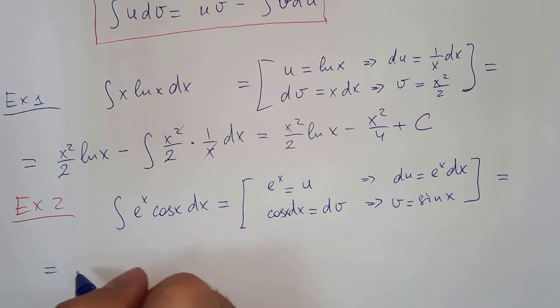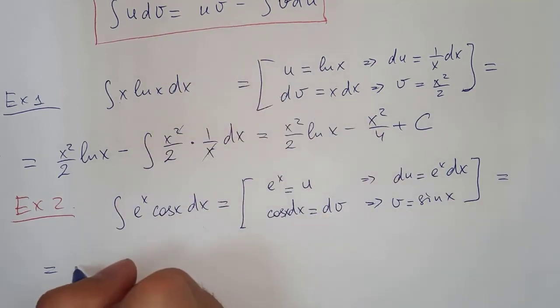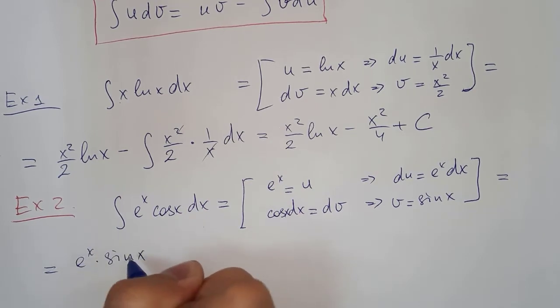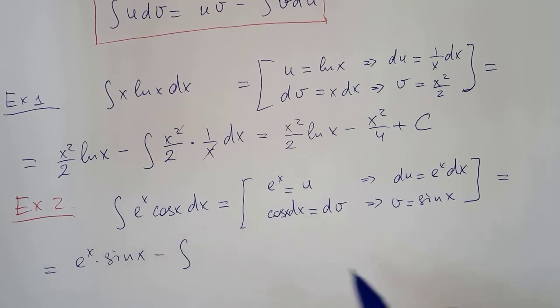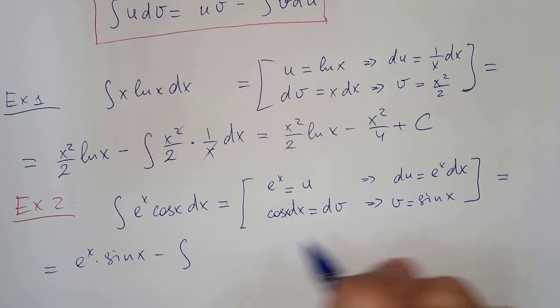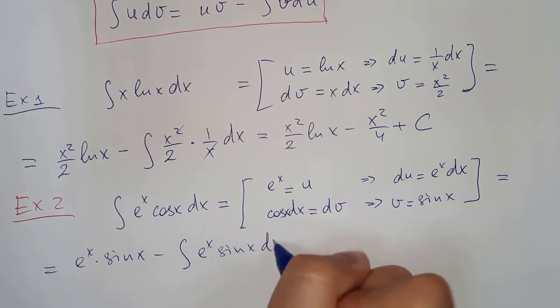It will be repeating. So uv, u times v, is e to the power of x times sine x minus the integral of v du. So v is sine x: e to the power of x sine x dx.